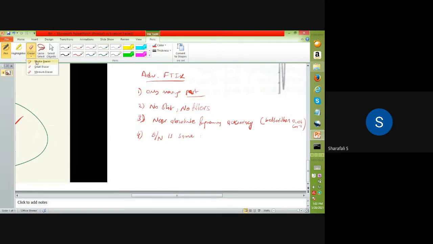We can write same signal to noise ratio, or you can write just S by N.